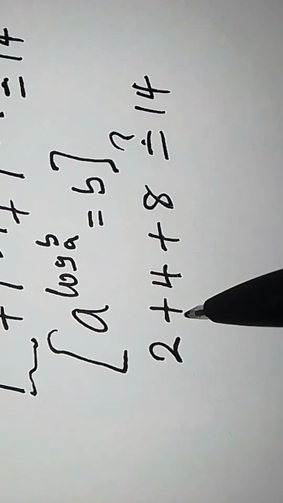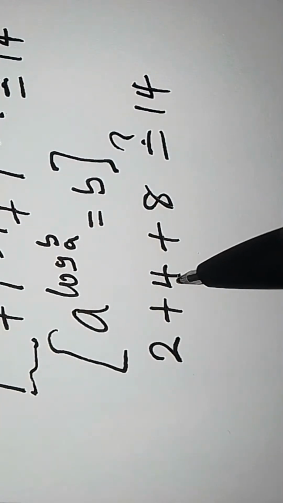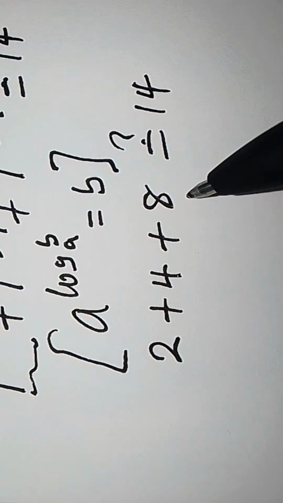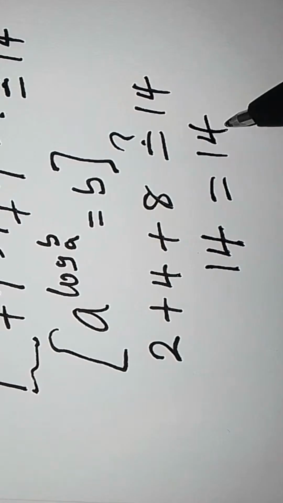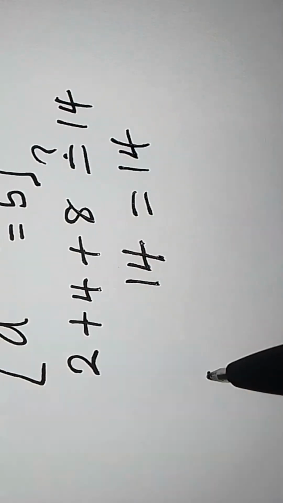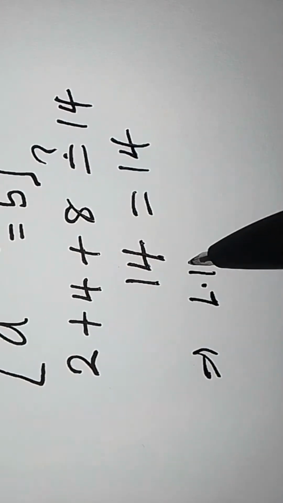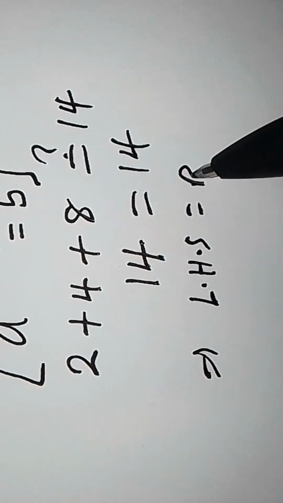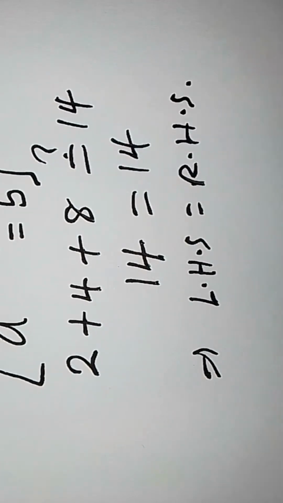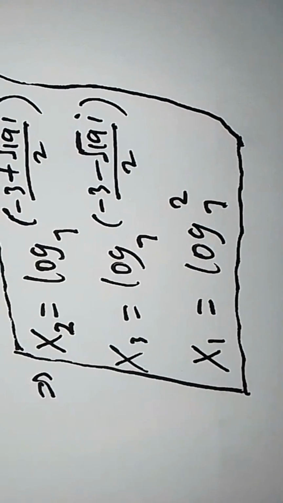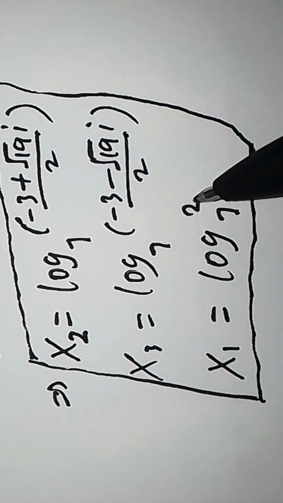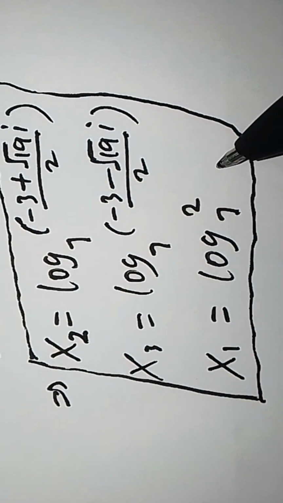Now let us add the left hand side. 2 plus 4, that is 6. 6 plus 8, that is simply 14, equal to 14. This means that the left hand side is equal to the right hand side. So indeed, the first solution that we have here, x1 equals log 2 base 7, is correct.